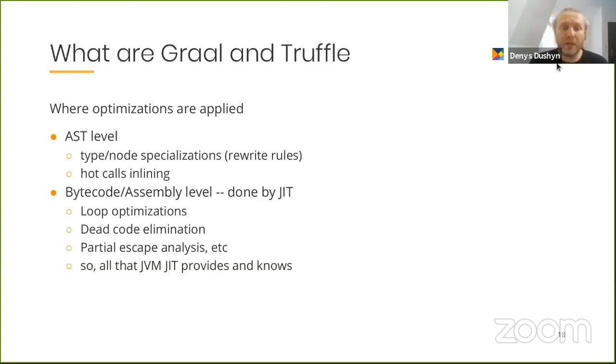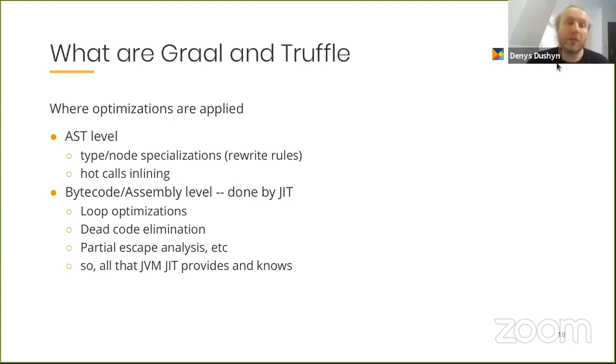The most common and well known are loop optimizations, dead code elimination, and all other optimizations that the just-in-time compiler knows. Especially starting from version 9 and from the Graal just-in-time compiler, there is a new escape analysis called partial escape analysis. It is also automatically available.